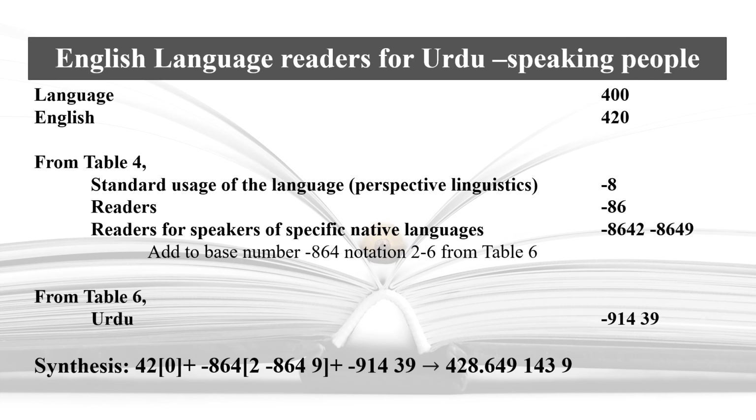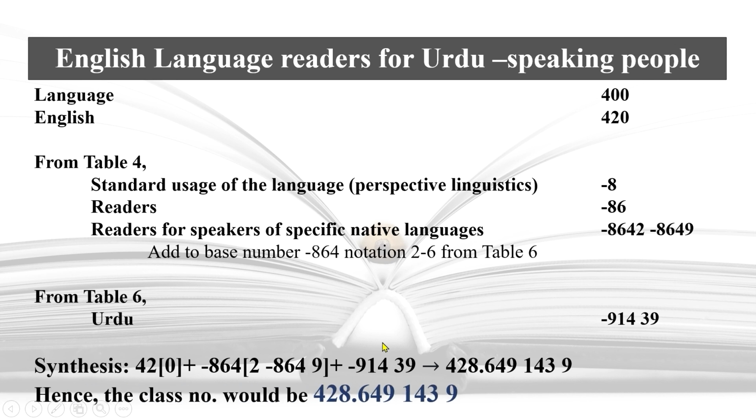Therefore, we take the base number 42, with which we add 864 as per the instruction under table 4. Then we add the number for Urdu. So, finally the number will be 428.649.143.9. Okay. This will be the number for English language readers for Urdu.